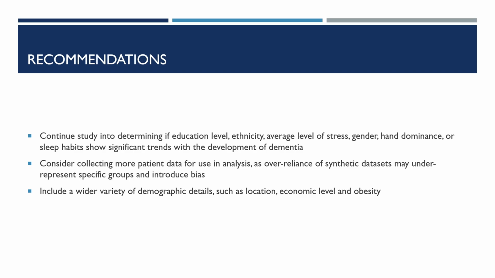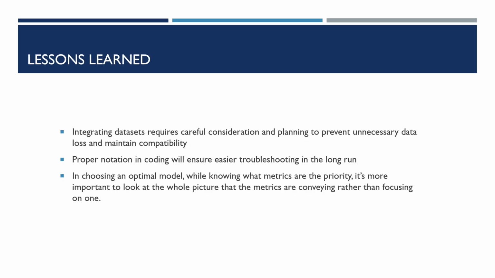I also think it's important people in the healthcare industry collect more patient demographic data for analysis, as this could uncover trends based on maybe location or obesity or even economic level with dementia. It could be possible.